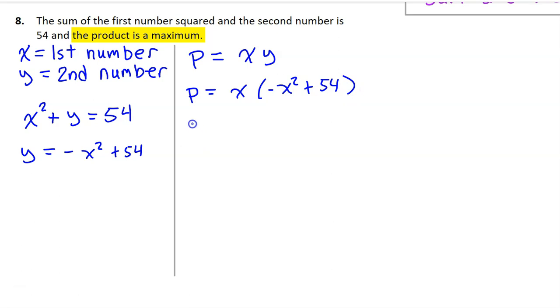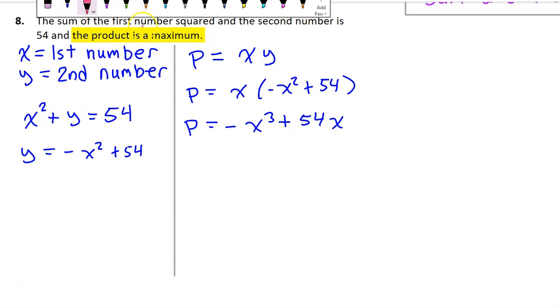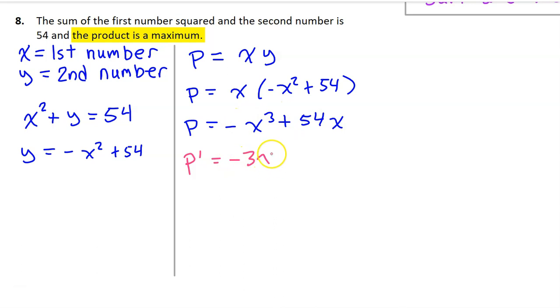With a little distributive property, we get p is equal to negative x to the third power plus 54x. Now we are ready to find p prime. P prime will equal, little power rule here, negative 3x to the second power, and then plus 54.